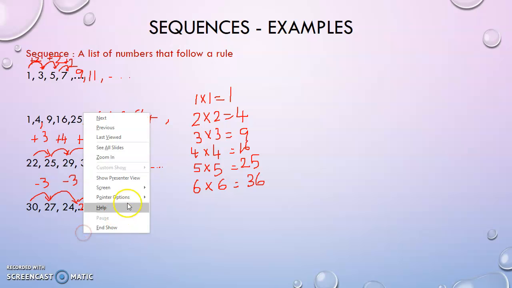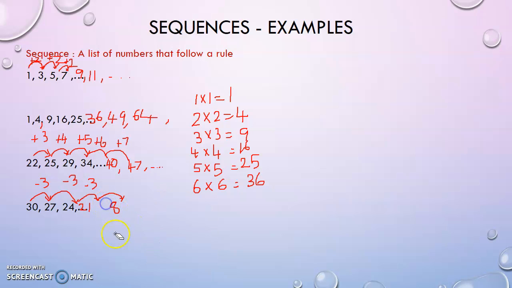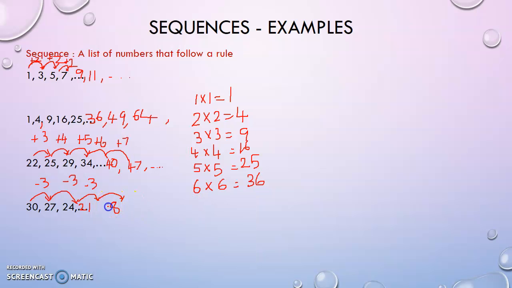The next number in the list is 18. What will the next number be? 18 minus 3, 15. So here the rule to find the next number is subtract 3 every time.